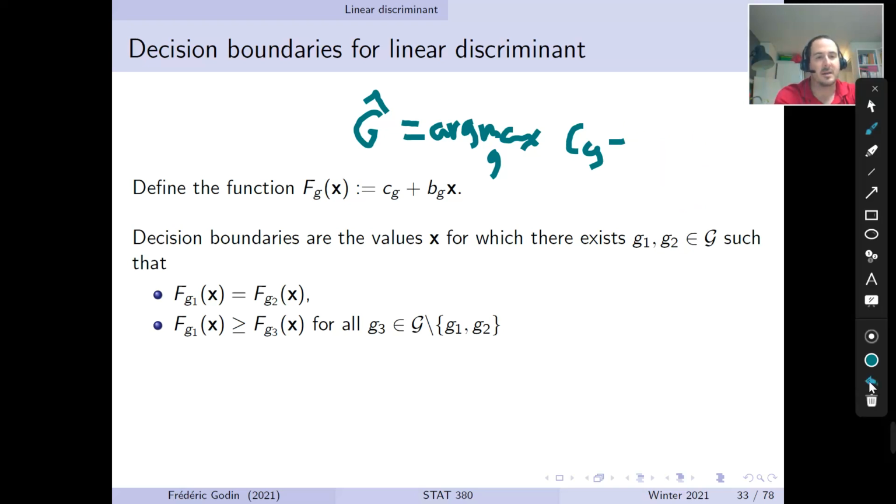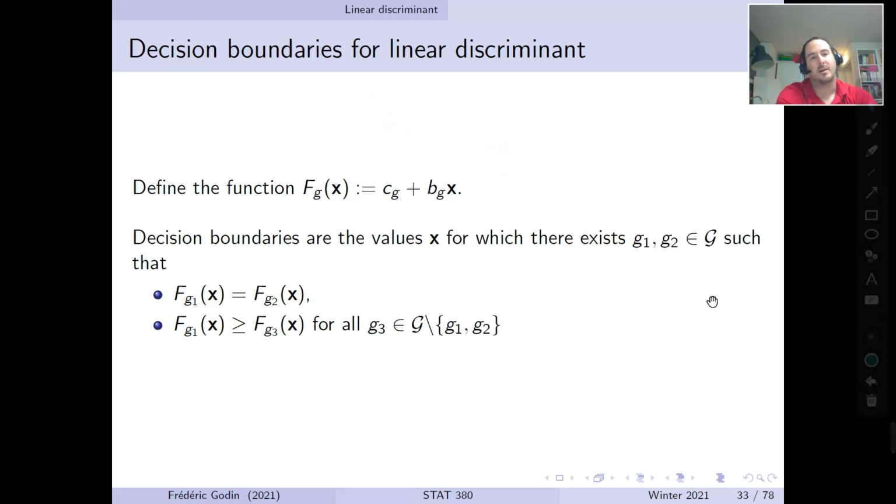So for that reason, the decision frontiers or decision boundaries, which are the places where we're indifferent between classifying into two classes, or more than two classes, are of the following form. Decision boundaries, which split the predictor space into classification regions for all the classes, are as follows.